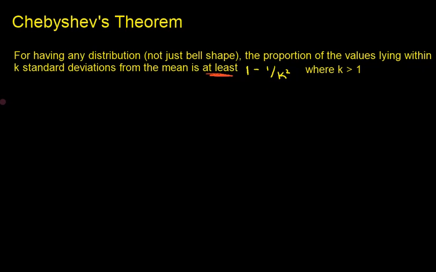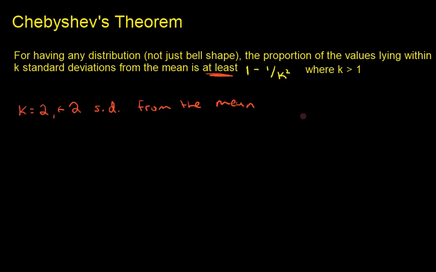All right, so let's go ahead and define k to be something, and then maybe this theorem will make more sense. Let's say k equals 2. That means k is however many standard deviations from the mean, so 2 standard deviations from the mean.